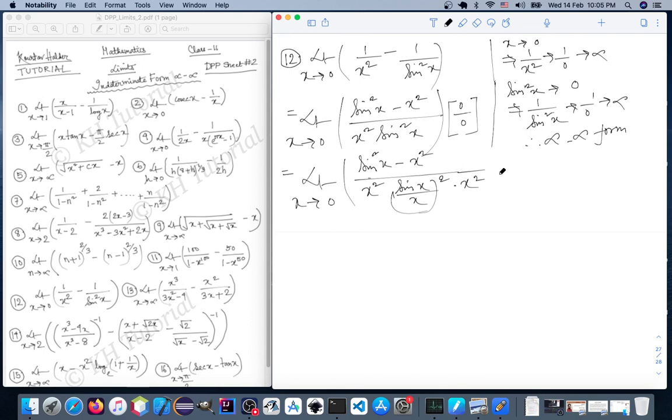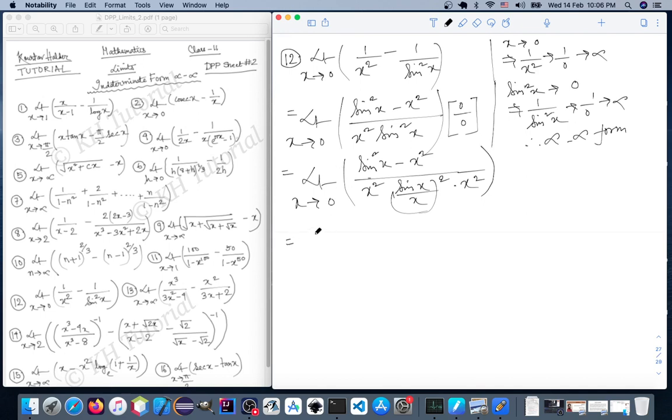So sin x by x whole square, and we are adjusting this. So we can directly use the formula limit x tends to 0 of sin x by x is 1.